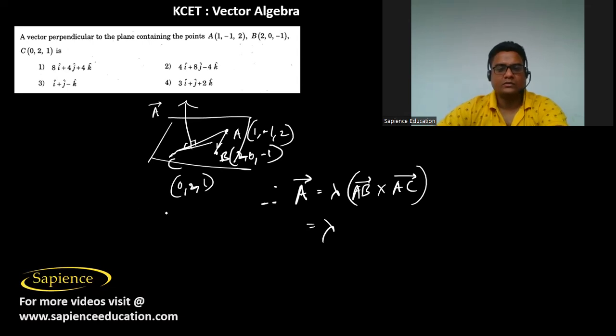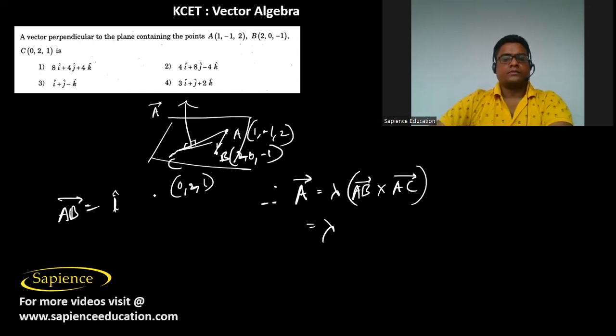This will be lambda into, so now AB vector will be equal to 2 minus 1 is 1 i cap, then y2 minus y1 that is also plus j cap, and minus 1 minus 2, so minus 3 k cap.